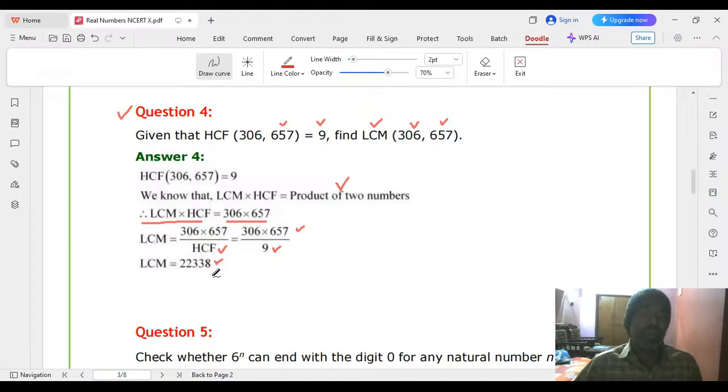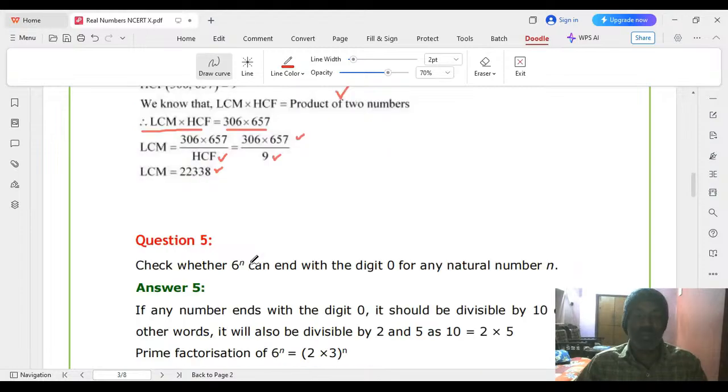So this is the LCM of these two numbers. There is no problem, this is a very easy question, and all of you have already done all the questions of exercise 1 of real numbers.